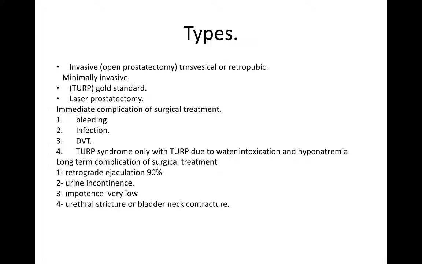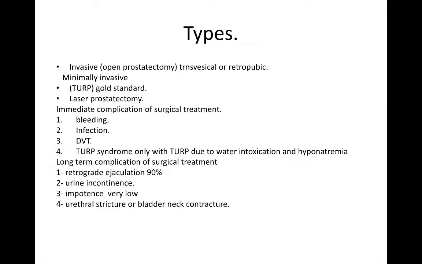This fluid will cause water intoxication and dilutional hyponatremia. During surgery, intraoperatively, patients start to complain of hypertension and bradycardia, so we should stop the procedure and treat this condition.